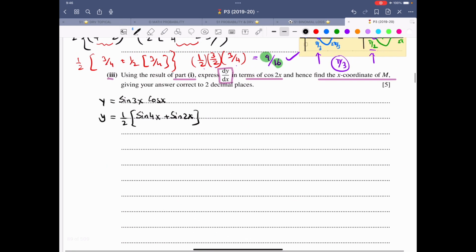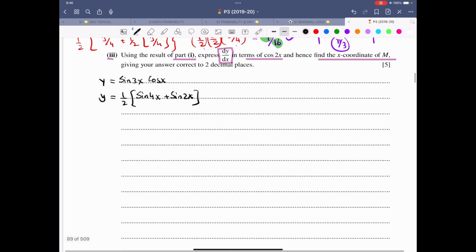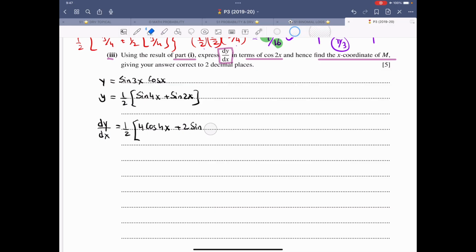They are saying write it, differentiate, and the derivative should be in terms of cosine 2x. So therefore, dy by dx half remains as it is. Derivative of sine is cosine 4x, and this is 2 sine 2x. Sine becomes cos. Again, I'm just writing it with a small mistake. So this is 2 cosine 2x.